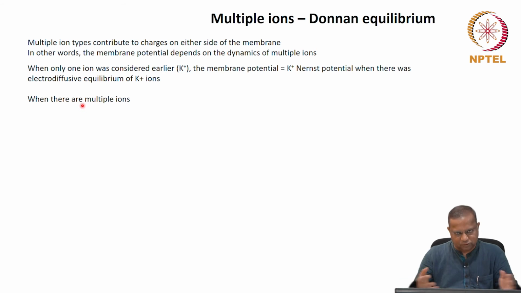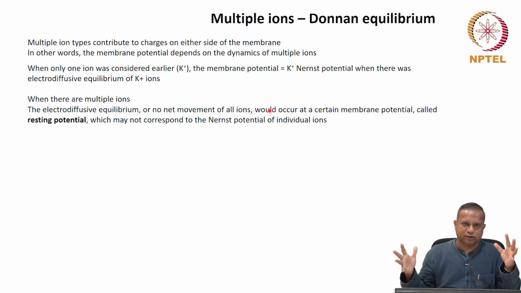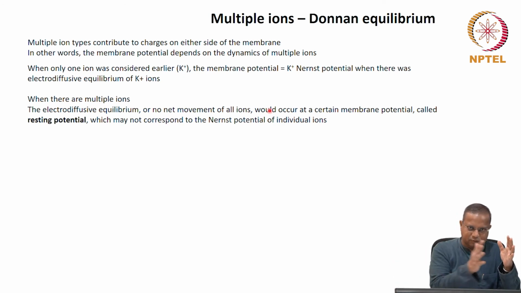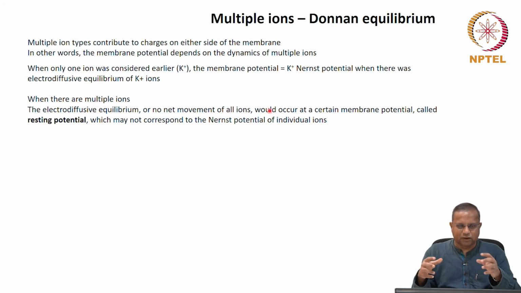When there are multiple ions, which is usually the case, closer to reality, the electrodiffusive equilibrium means no net movement of all ions. There could be individual ions moving. Only thing is that the rate at which ions move to this side equals the rate at which ions move to the other side, both in terms of charge and the numbers and so on.